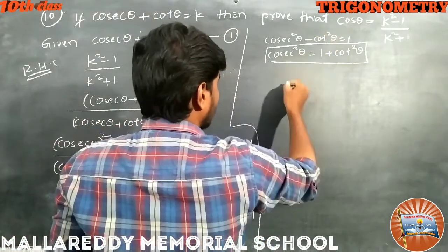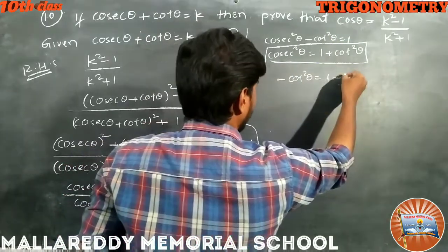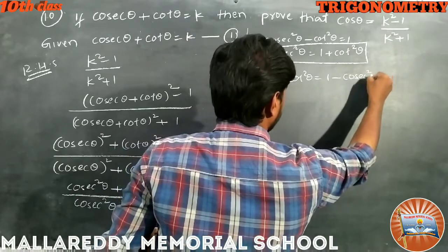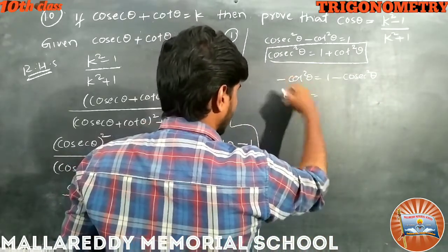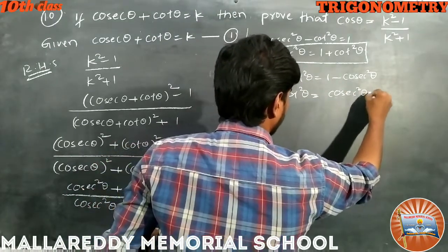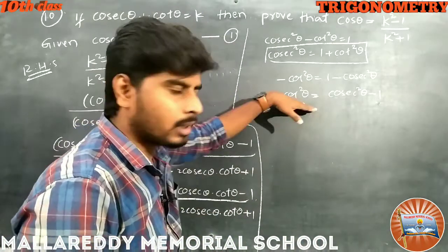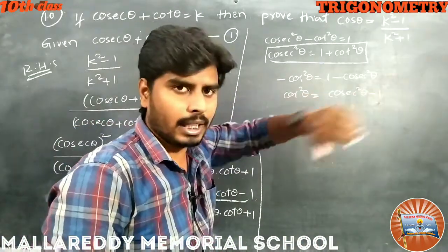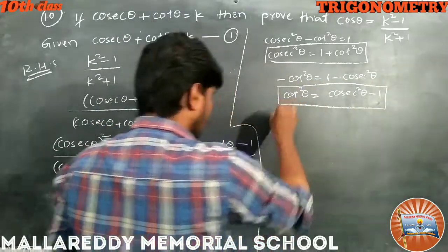Same formula. If I transpose cosec square theta to the LHS side, and subtract, minus also goes that side. What becomes? Cosec square theta minus 1. So in place of cot square theta we can replace cosec square theta minus 1. So these two formulas I am going to use here.